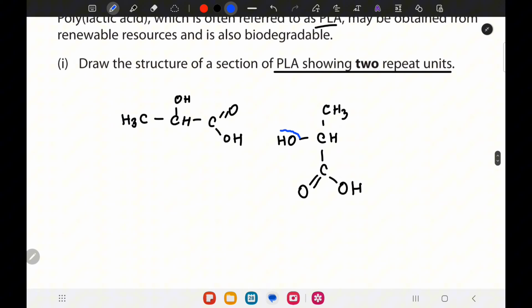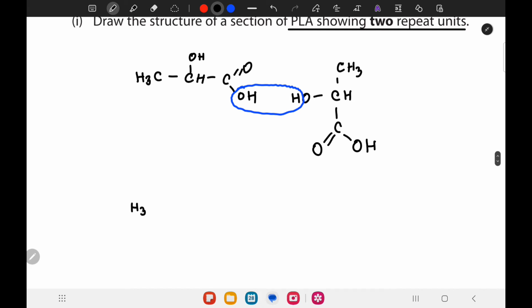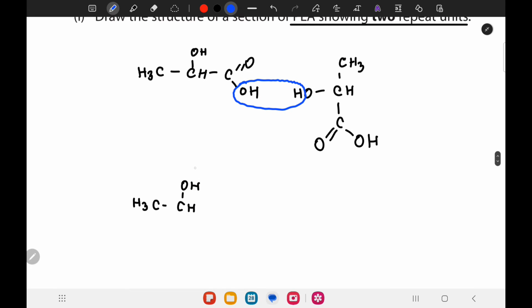Now the OH from the carboxylic acid and the H from the alcohol will join together to form a water, and this carbon will form a bond with this oxygen over here. So if I do this, I'll have H3C CHOH.